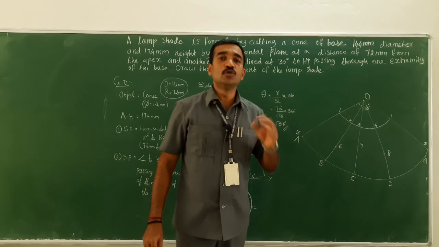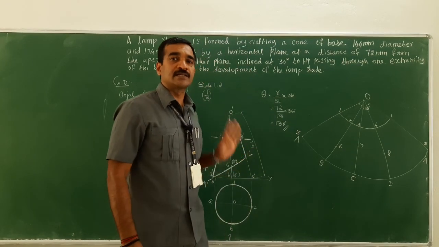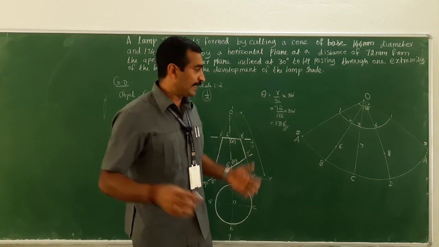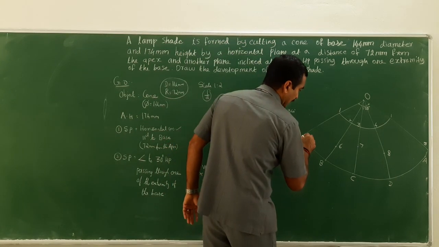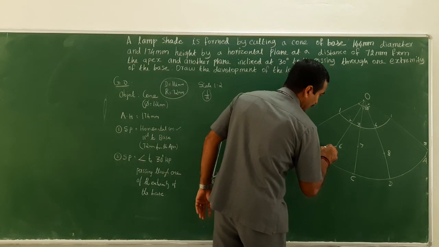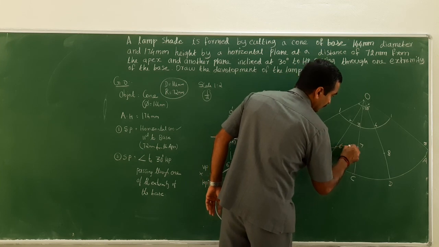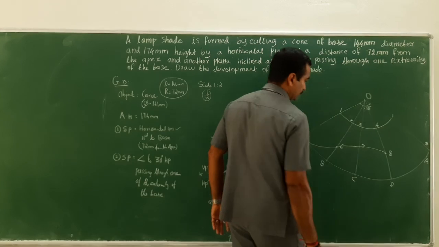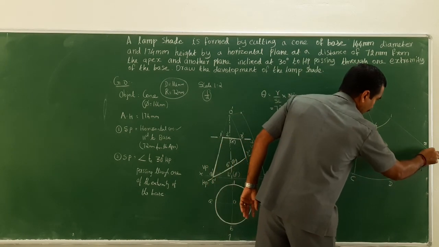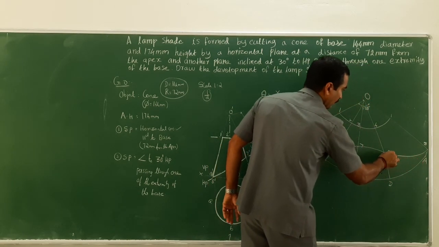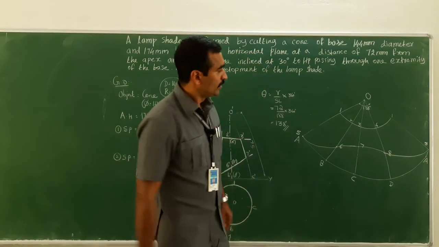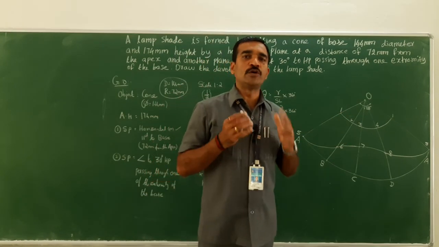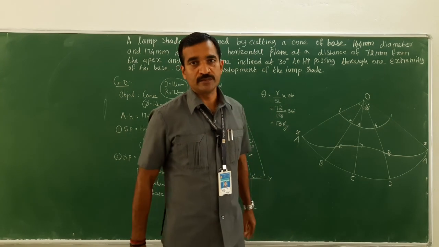Here, you should not use a scale because it is a curved surface. So by using free hand, you will have to connect it. Now, which one is the remained portion and which one is the removed portion?